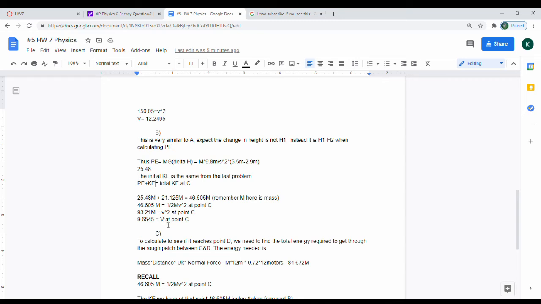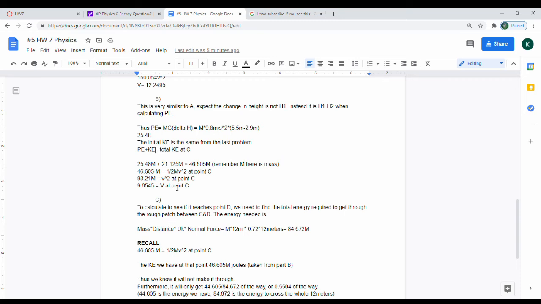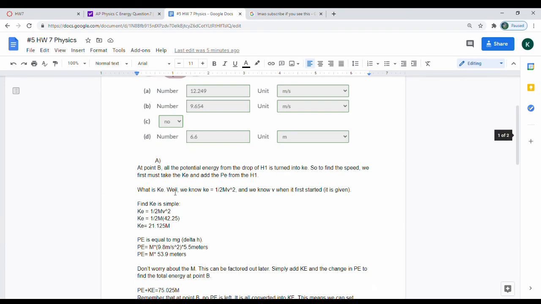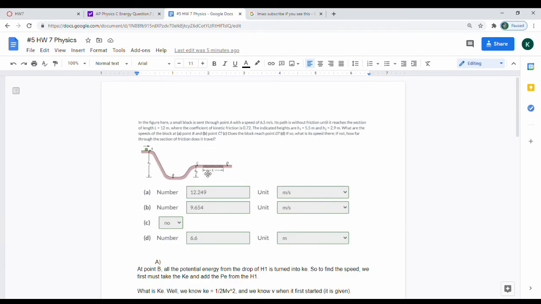Pretty simple. And then for part C, we're being asked if it reaches point D. Well, we know that if it needs to reach point D, it needs to have more energy than it takes to get through this length of friction.